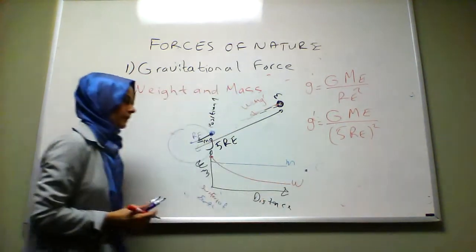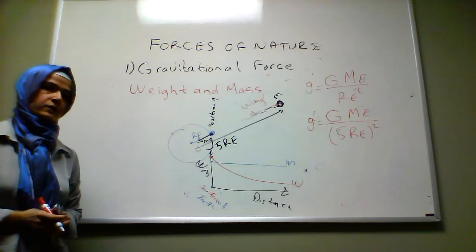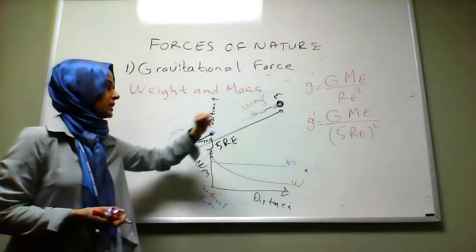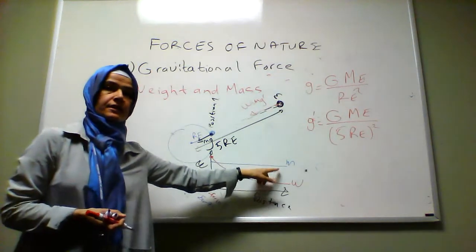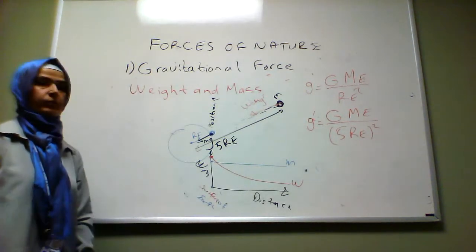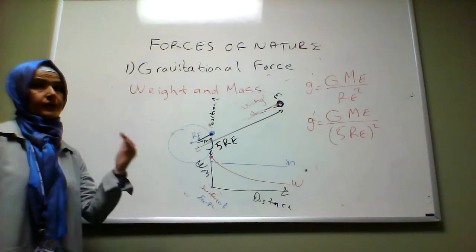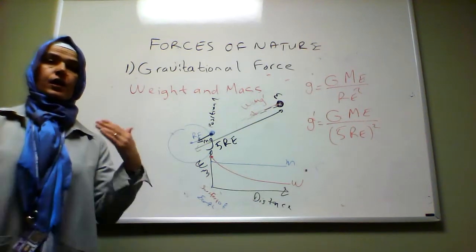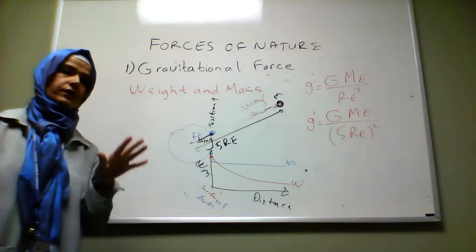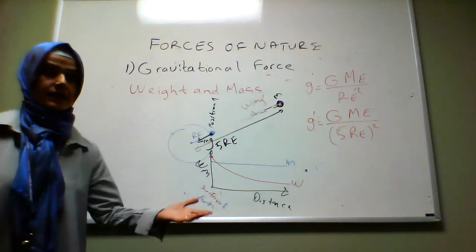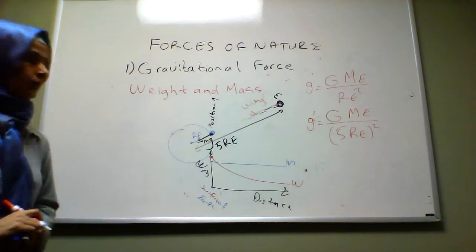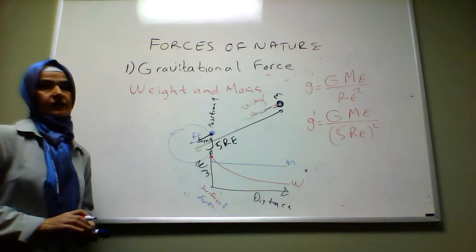And this will be a decrease in weight as well, because weight is equal to mass times g. As g decreases, weight decreases. But mass stays constant. So this is the difference between mass and weight. What we are dealing with in applications of Newton's laws is generally weight as a force and mass as mass. And mass is a scalar quantity, weight is a vector quantity.